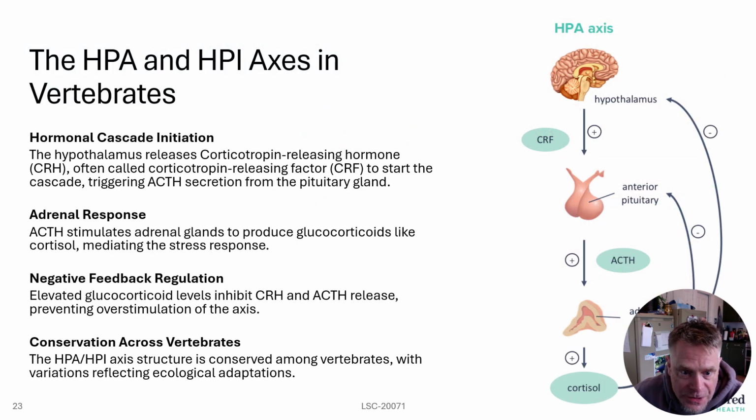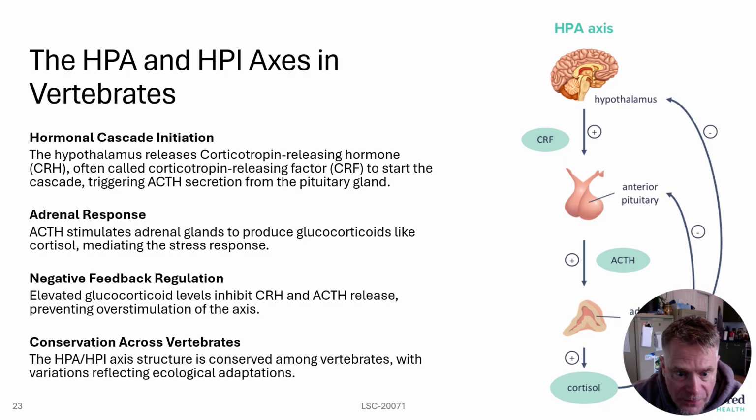Now we've got the HPA and HPI axes in vertebrates, and these are hormonal cascade initiations. This is a bit similar, preparing the body for a challenging time, but it's not quite as immediate as the adrenaline responses.